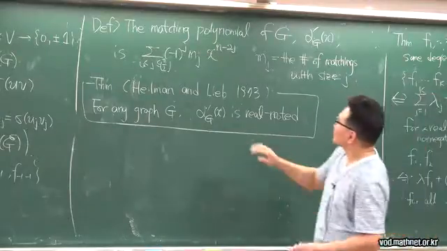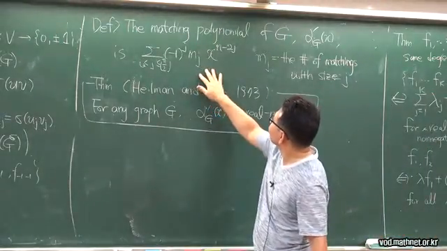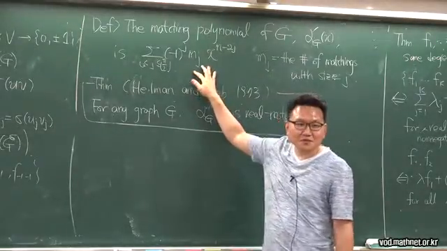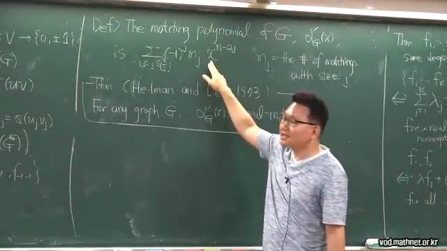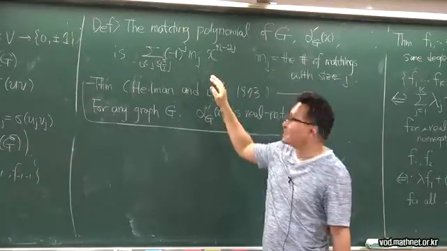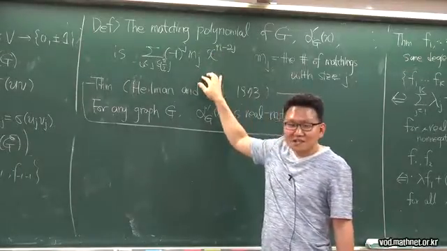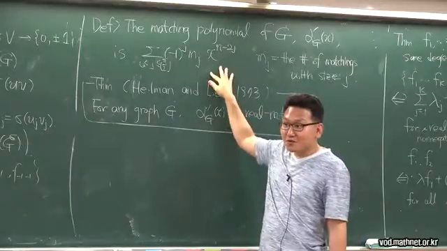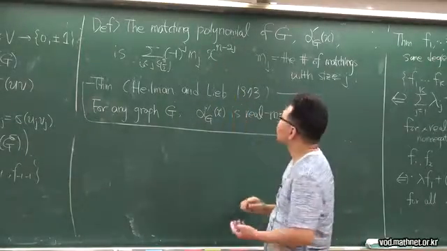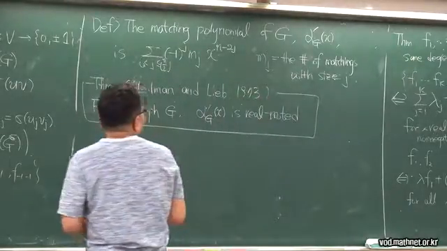You can also easily prove this one: if alpha is a root of this matching polynomial, then when you plug in minus alpha, you still have 0. You can easily prove that, depending on n. So if alpha is a root, then minus alpha is also a root. You can check.